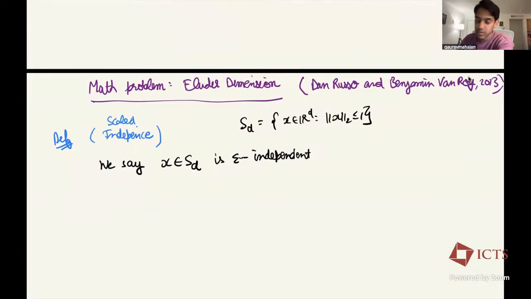Of a sequence of vectors x1, x2, up to x_{n-1}. Each of these is a vector in S^d.